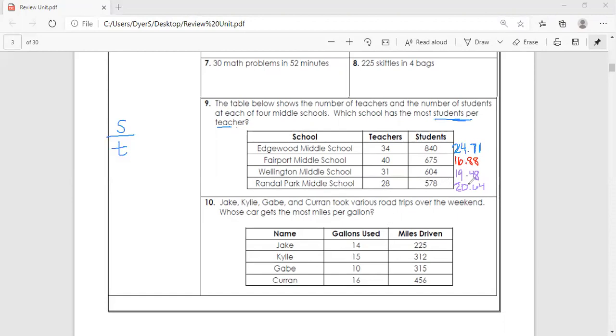So once you have found the unit rate for each one of these schools, then it's a very easy question to answer. Which school has the most students per teacher? And clearly then, we're looking right here because they have 24 students for every teacher. When it says per, remember, that is for every, for each, however you want to say it.